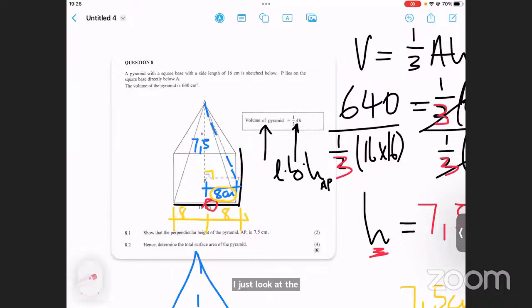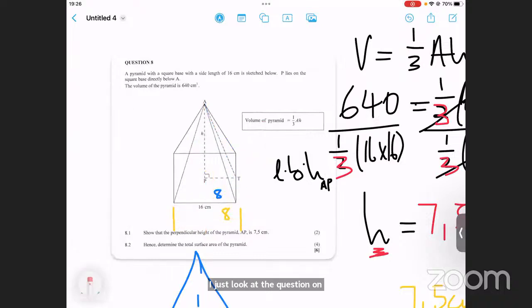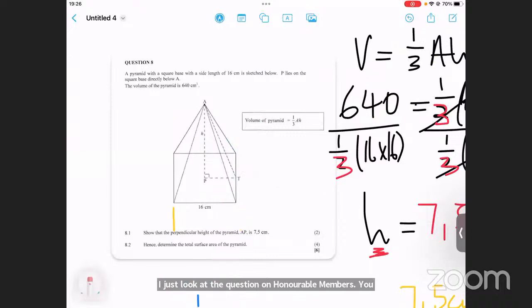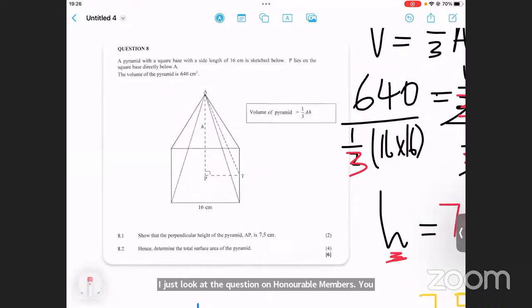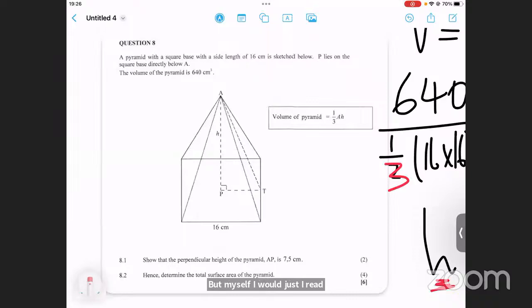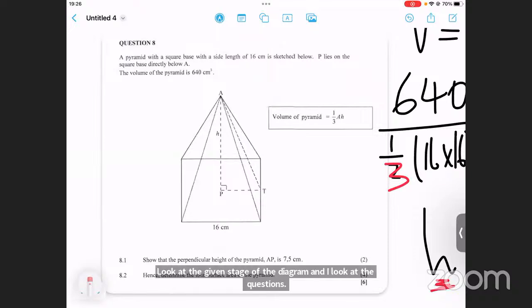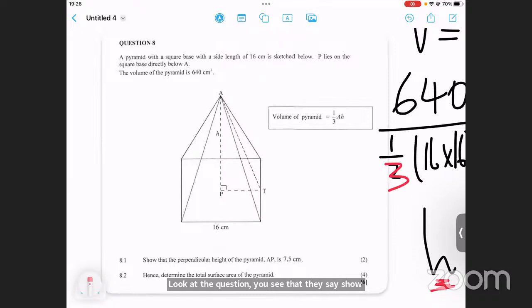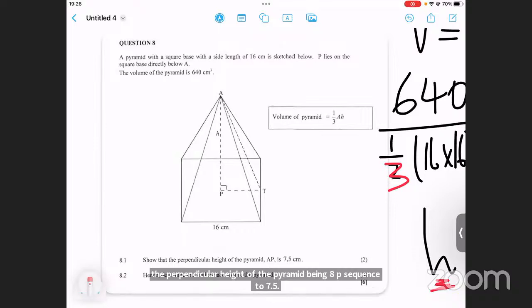Now it has taken us a lot of time to work out this thing, but myself, I would just read through the question, look at the given sketch of the diagram, and look at the questions. You see that they say, show that the perpendicular height of the pyramid being AP is equal to 7.5. Then I start thinking of how to work it out.